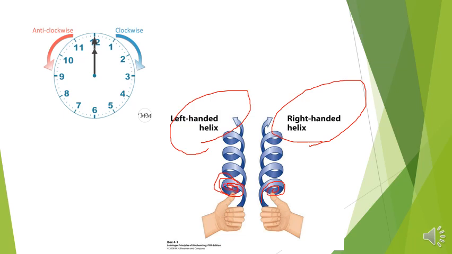Because we show the right-handed helix by a positive sign and the left-handed by a negative sign, the twisting number can be positive or negative, according to whether the DNA is left-handed or right-handed.